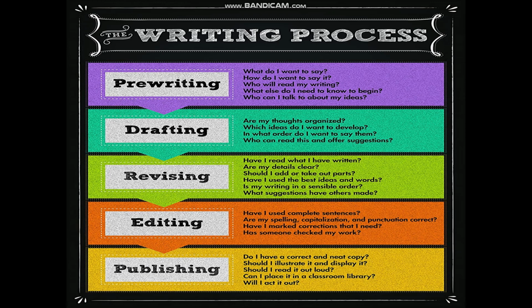Rearrange words or sentences or paragraphs. Take out or add parts. Editing. Be sure all sentences are complete. And the last, publishing. You may publish your writing. So, after you do the writing process, then you can write your own final biography text.